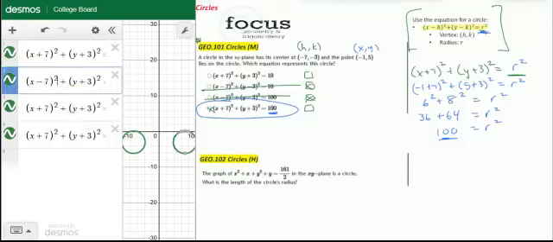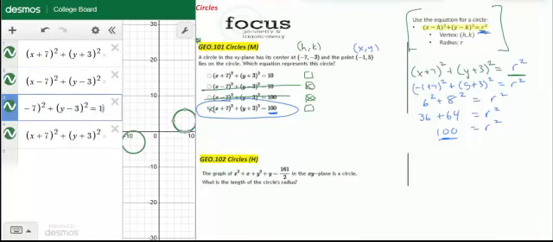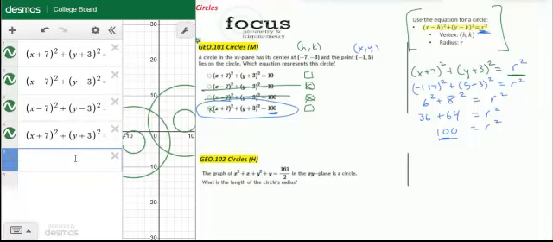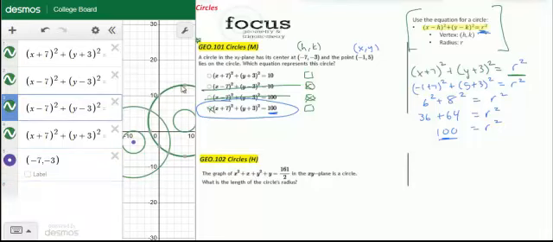So -7 minus 3 is equal to 10, -7 minus 3 equals 100, and then this one, everything 100. Right, so if you take all of those and then you say my point -7, -3 needs to be the center of the circle, right now I know I can eliminate these two here and here.